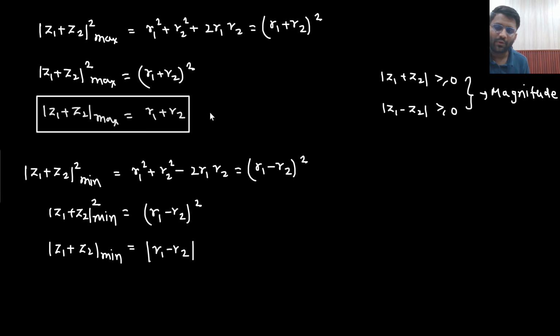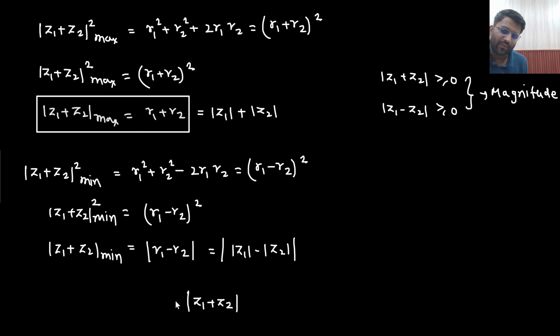So here what you can see is that r1 is nothing but magnitude of z1 and r2 is nothing but magnitude of z2, and this is mode of magnitude of z1 minus magnitude of z2. So what you understood here is that magnitude of z1 plus z2 would be less than magnitude of z1 plus magnitude of z2, and it would be greater than mode of magnitude of z1 minus magnitude of z2.